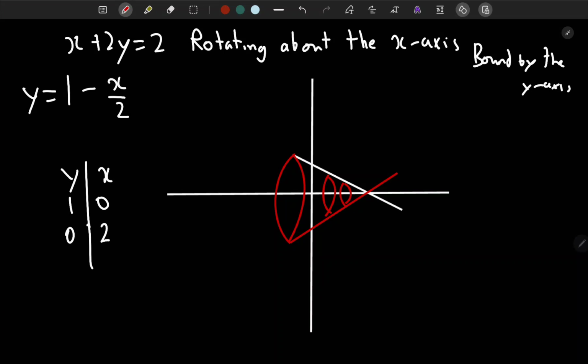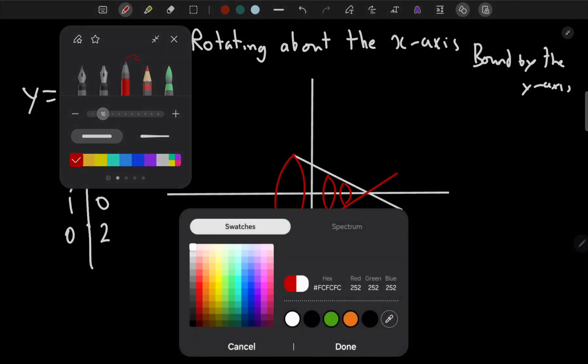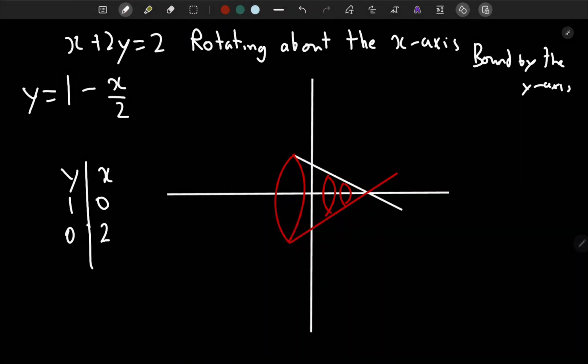And remember that we are starting from the y-axis, so the limits will be the intersections. So let me change my color. It's going to be the integration from 0 to 2, since the intersection on the y-axis is 0 and the intersection on the x-axis, this point, is 2.